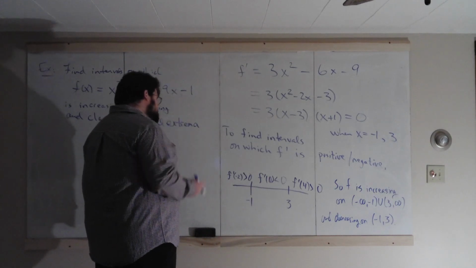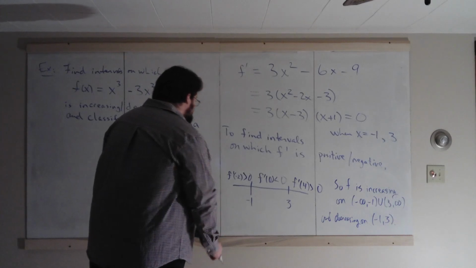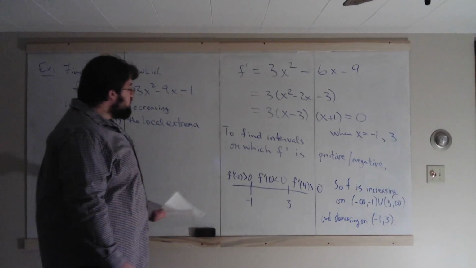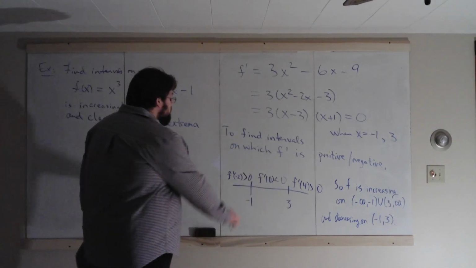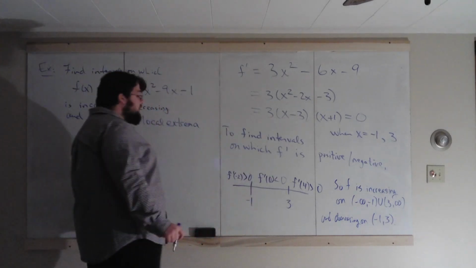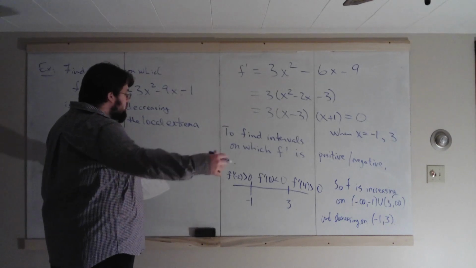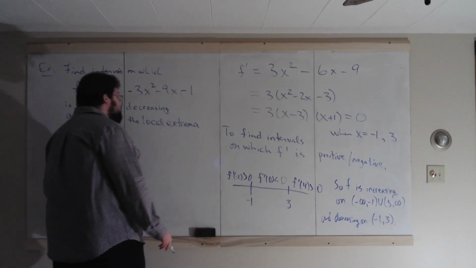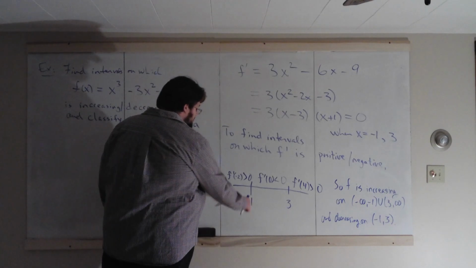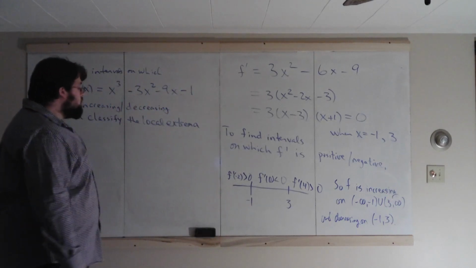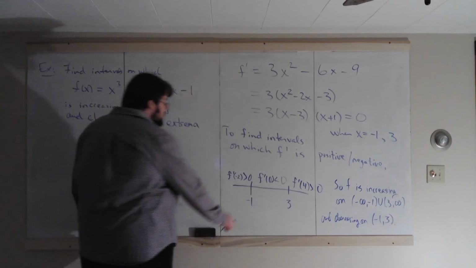I don't think I've ever actually thought of it like that. I always think of it in terms of increasing or decreasing with positive and negative. And then I think of what a piece of the graph may look like. And with practice, that does become easier. So let's classify the local extrema, first with negative 1.